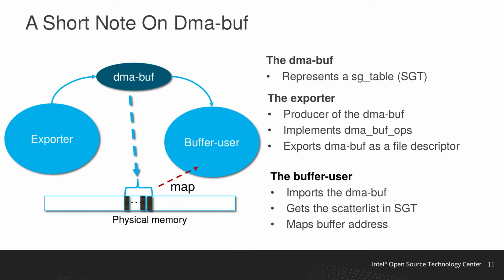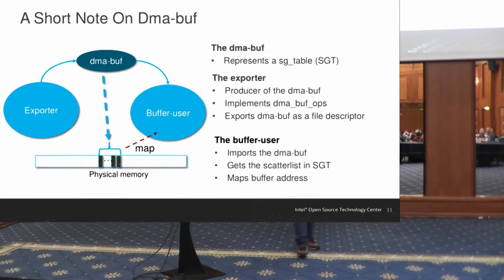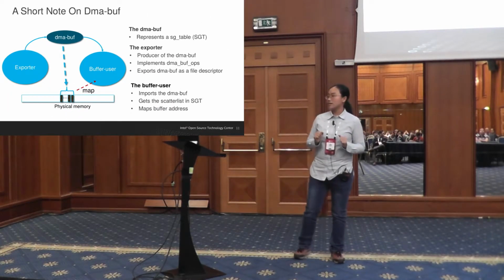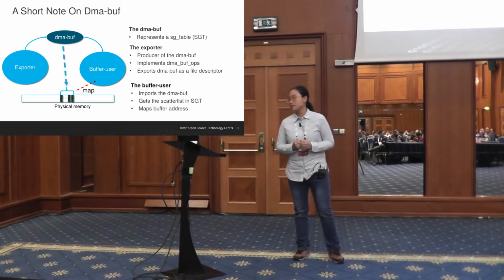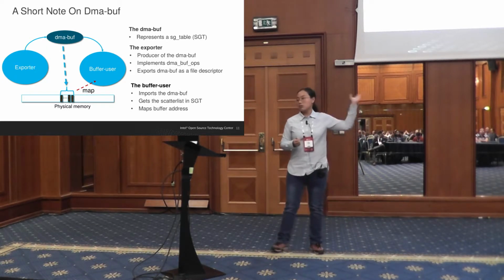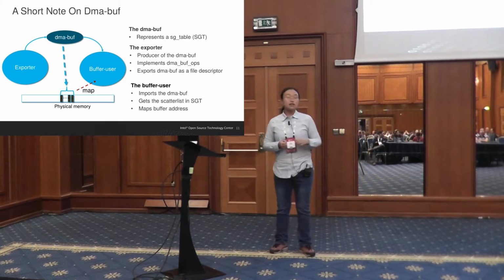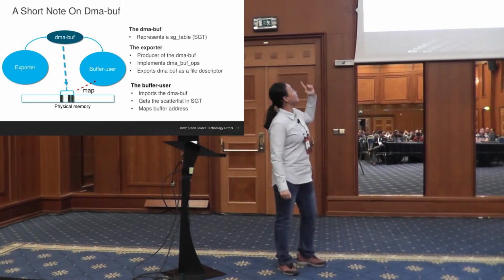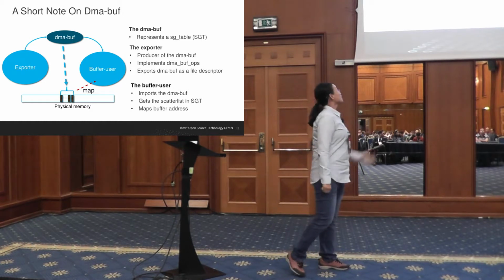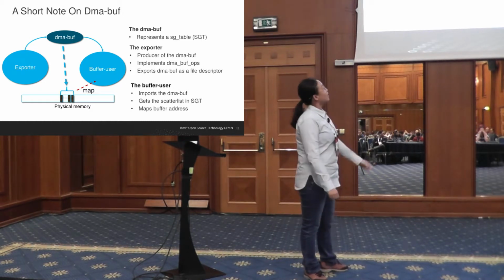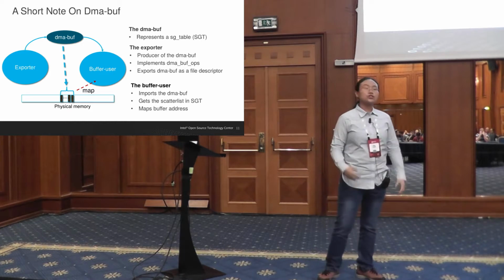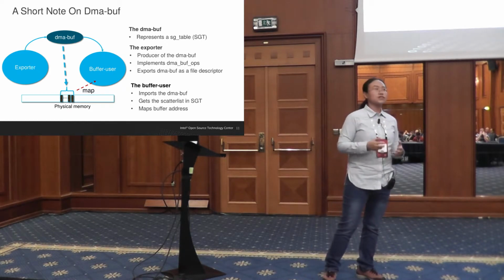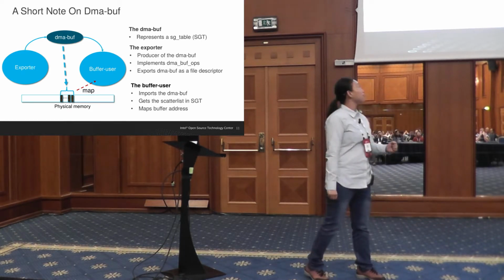Okay, before we go into the implementation details, let's give a short review of DMA-BUF. There are mainly 3 components: the buffer exporter, the buffer user, and the DMA-BUF itself. The DMA-BUF object is actually an SG table, which keeps a scatter list to save the DMA addresses of the buffer.